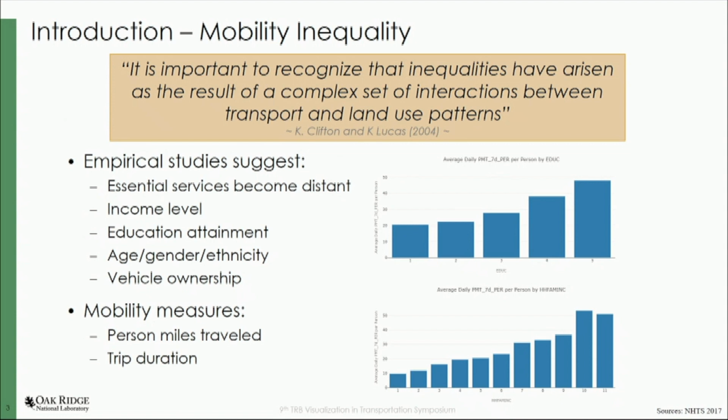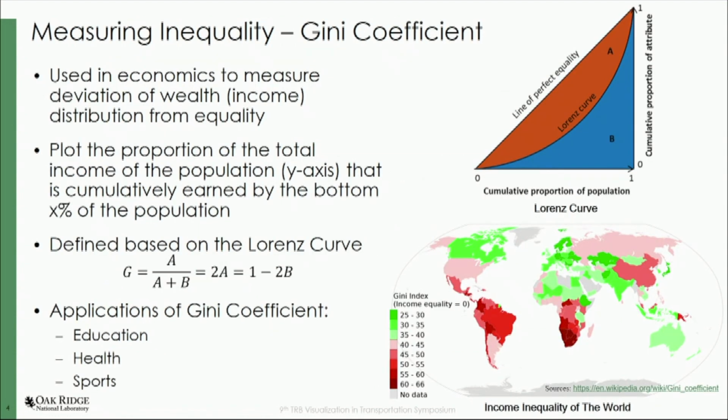It means that you consume more energy, right? In that sense, you're actually using more of the resources of the world. Most of the mobility measures used are person miles traveled and trip duration. Those are the things that we'll be looking into later in the study.